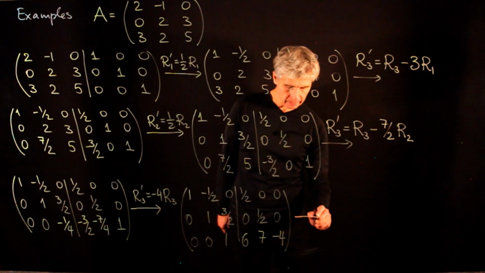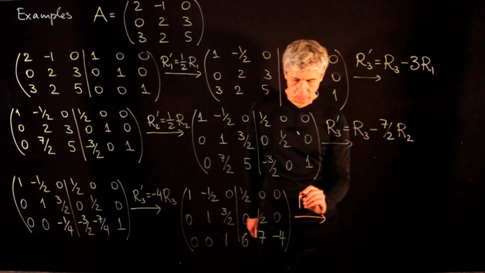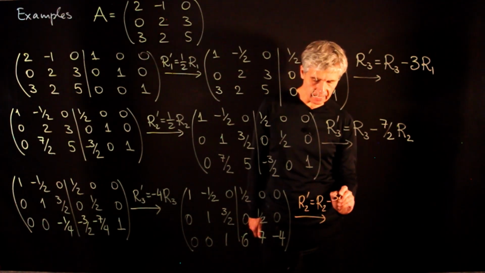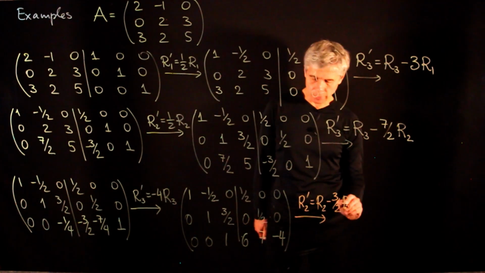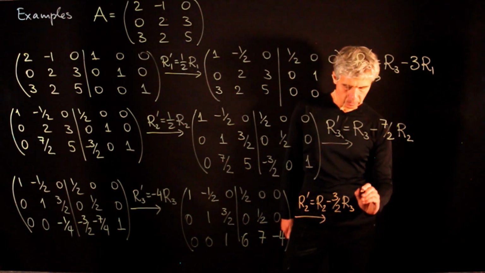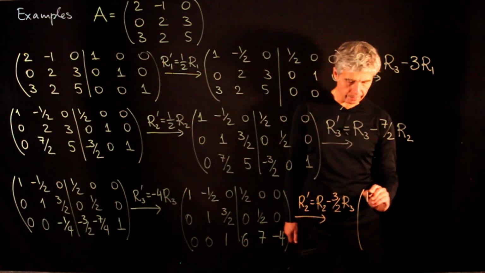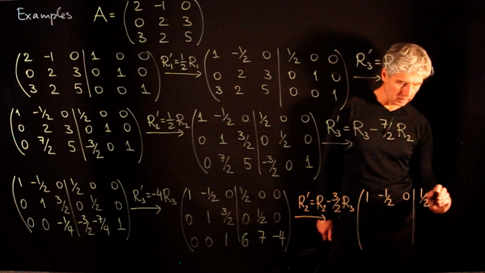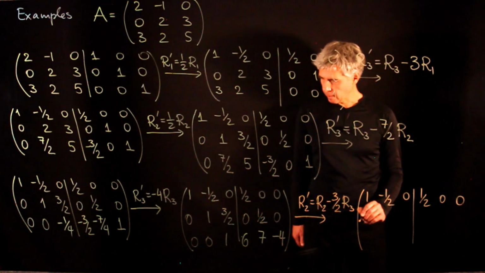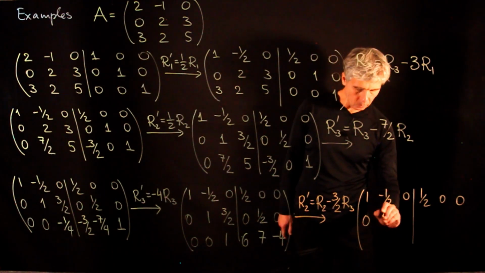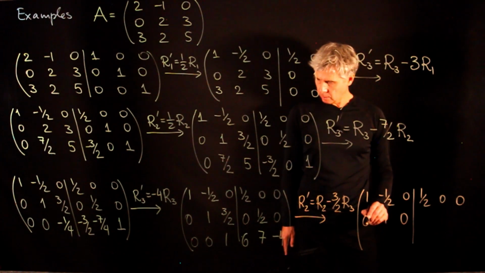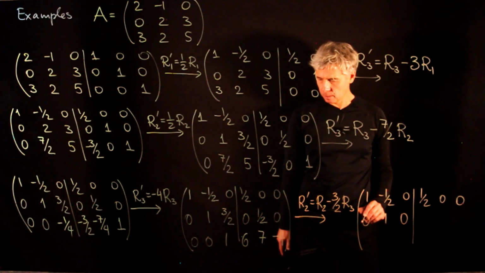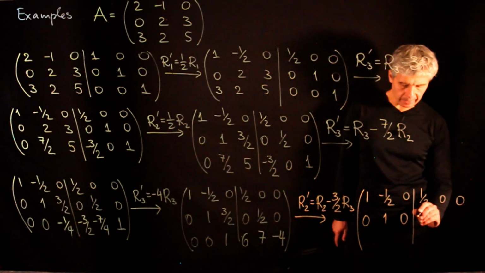So for the next step, we say new row 2 is row 2 minus 3/2 of row 3. So then we get 1, -1/2, 0, 1/2, 0, 0. Then here we get 0, 1, 0. So we have 0 minus 3/2 times 6. So this is negative 9.